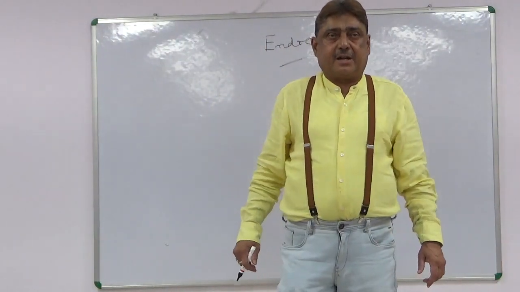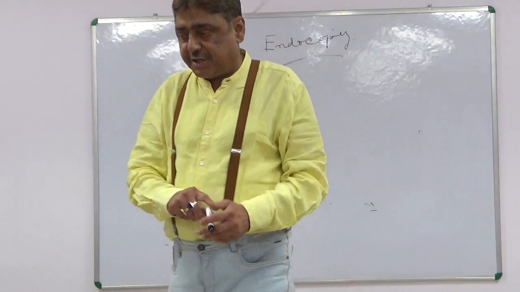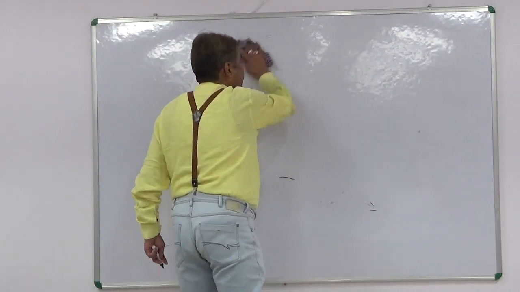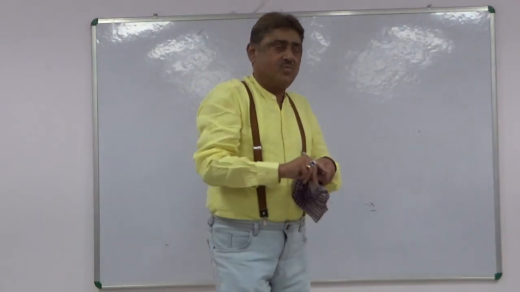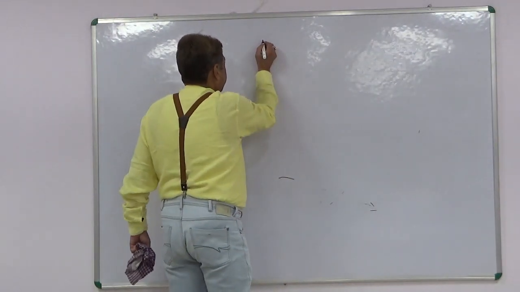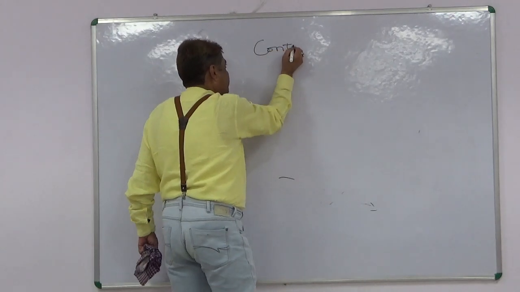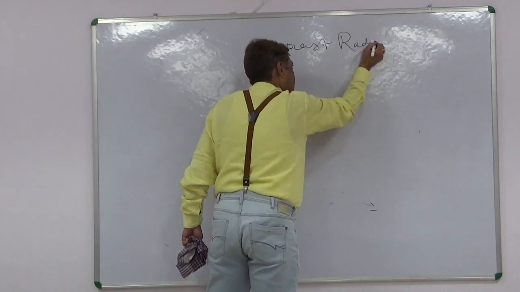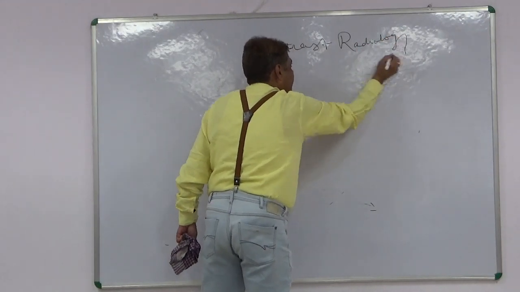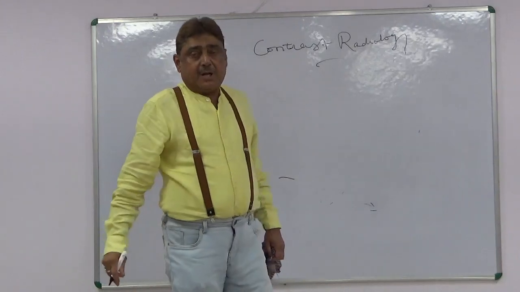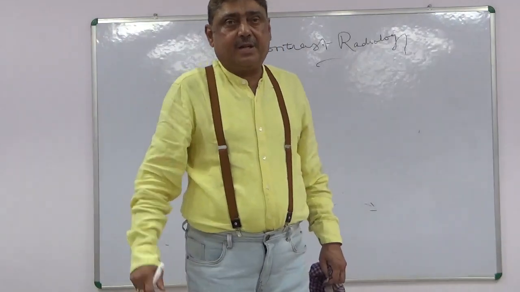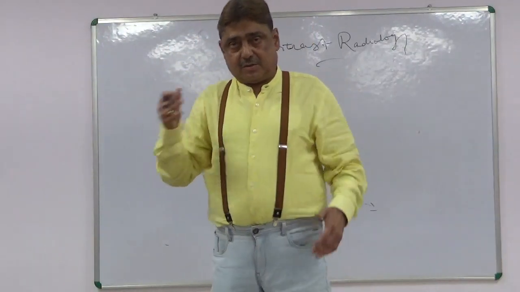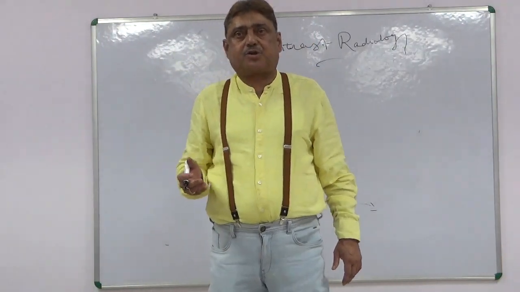The second investigation, of course, is radiology. Radiology means contrast radiology, the barium study. It has its importance in the stomach, because there are certain things which we can't appreciate while doing an endoscopy.